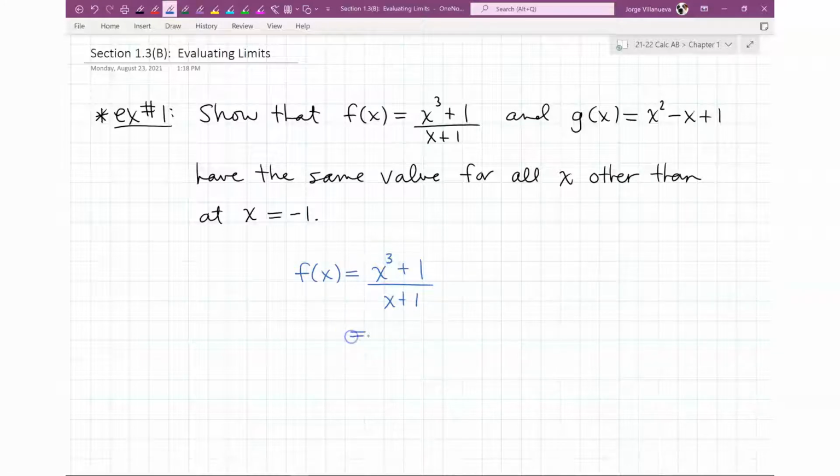Now, they're assuming that you remember how to factor a cubic, okay? If you don't remember, a cubed plus b cubed is a plus b times a squared plus ab plus b squared.